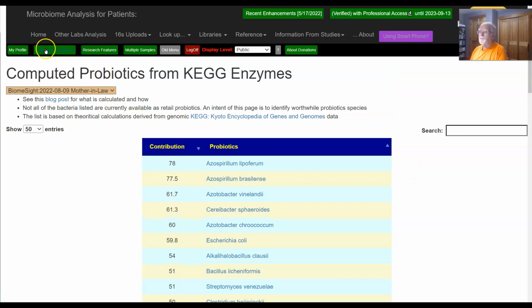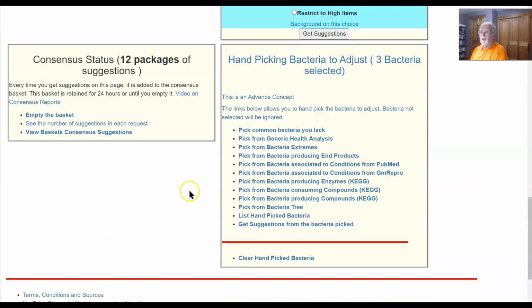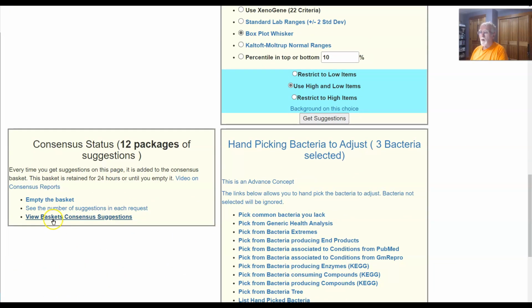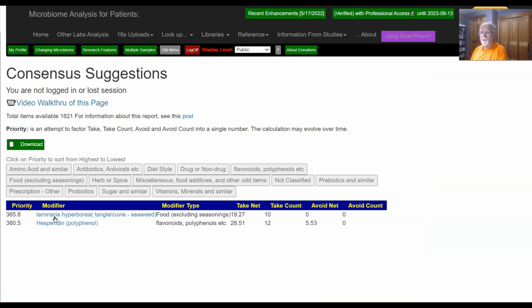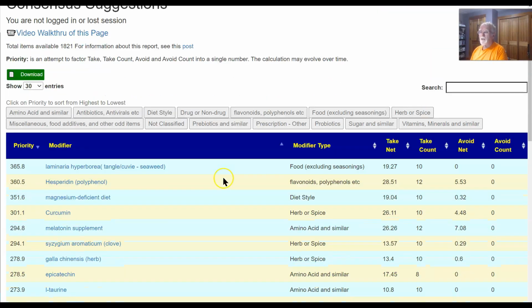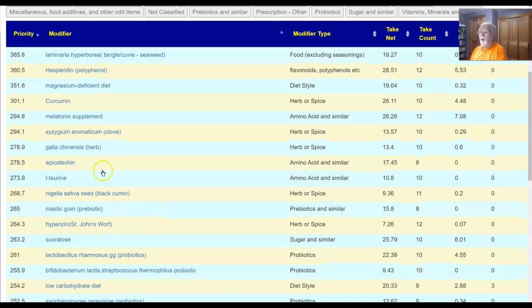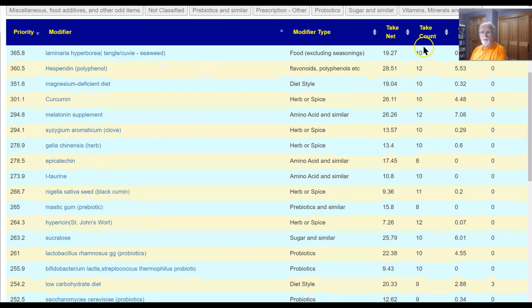Okay, so now if I go back to here, we do have a consensus report. We can just click here, view the consensus. This is the result of the Monte Carlo simulation. We see things listed here going down by grand total, how many times it was suggested as a take, how many times as an avoid.